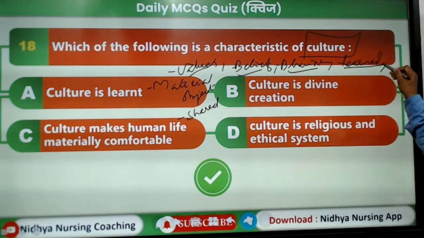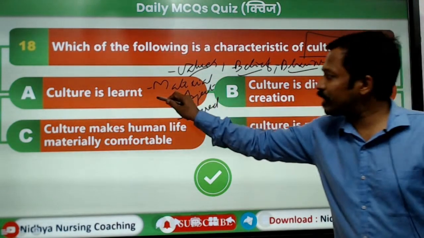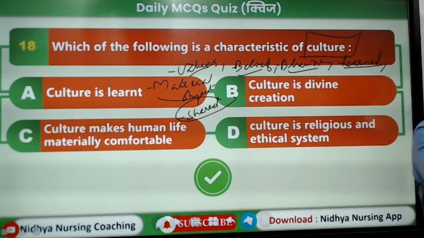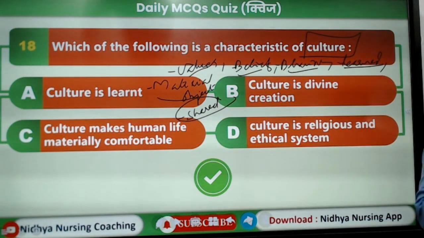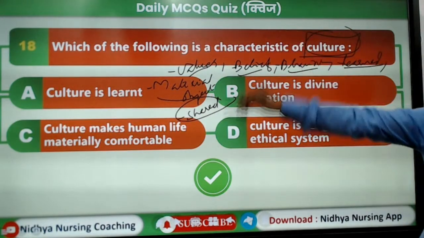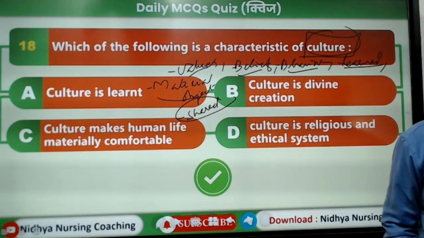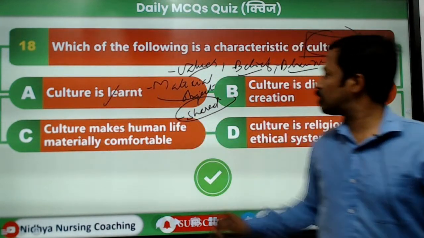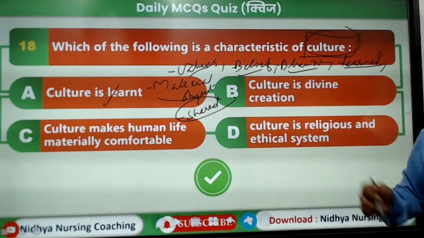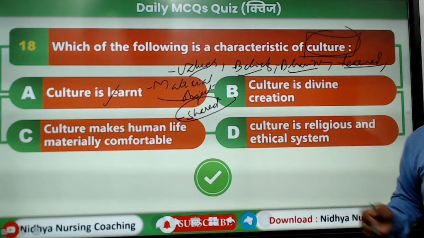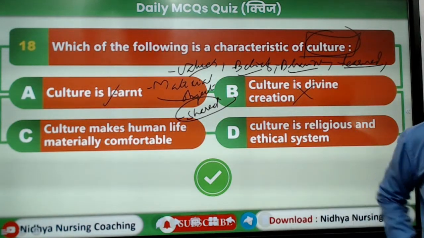So the options. Culture is learned. Is it right? Yes, it's right. Culture is a divine creation? No, it's created by man, it's human. Culture makes human life materially comfortable? No, only ideology.